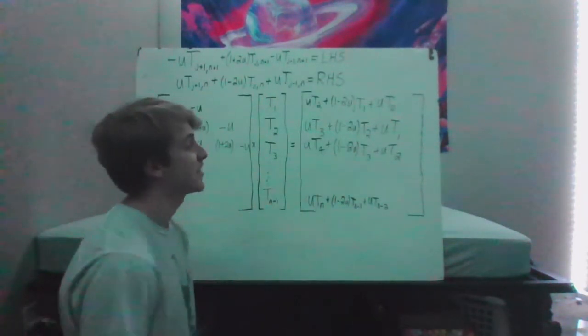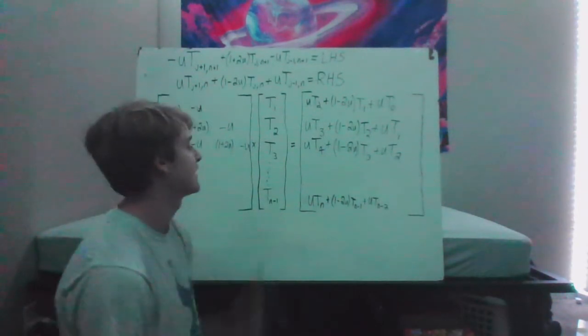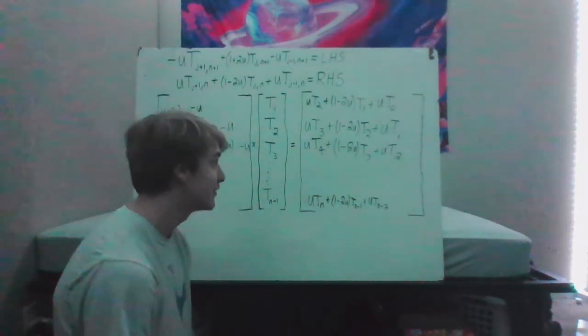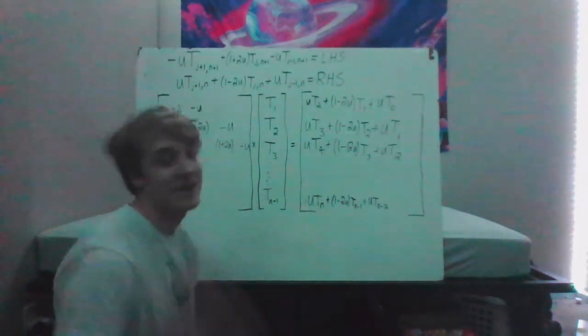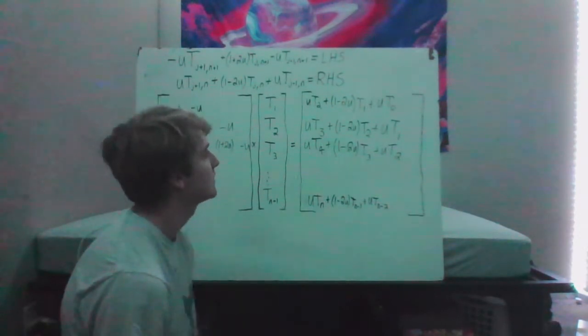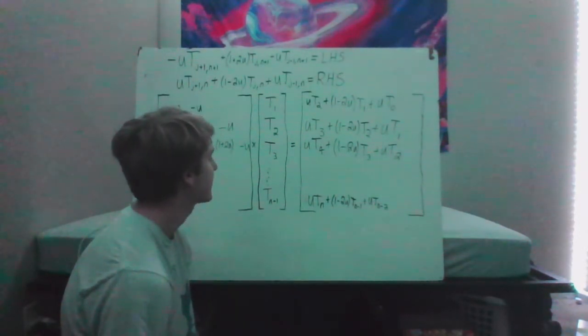Now what will change about these is that, as you notice, we have a T sub 0 here and T sub n here, and those two values are our left and right bounds in our problem. T sub 0 being the left bound, T sub n being the right bound, and as you know, we know those values.